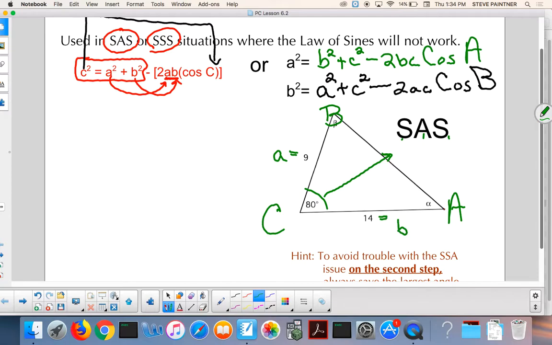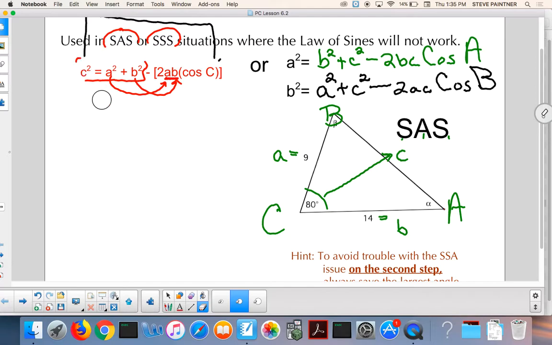To me, I'm looking for side C. Angle C and side C are tied together, so we're going to go with this formula up here. I'm going to erase this and fill it in.